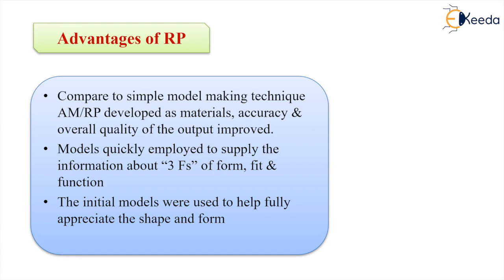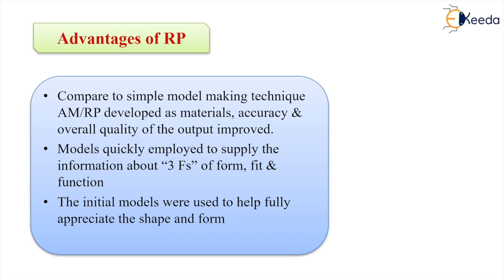If you look, the initial models were used to help fully appreciate the shape and form. Shape and form means the general purpose design. These are two Fs. And improved accuracy in the process helps to make products with the required assembly fit. This is the third F. Why?